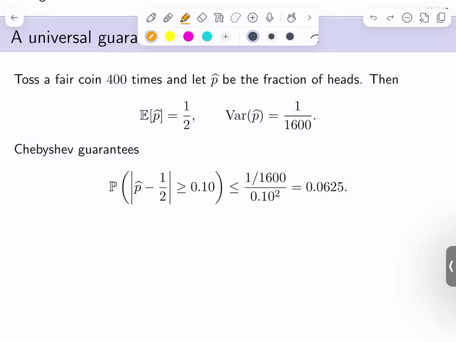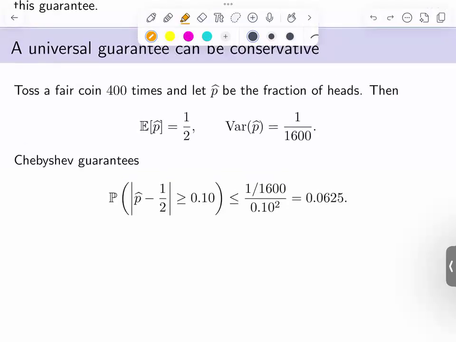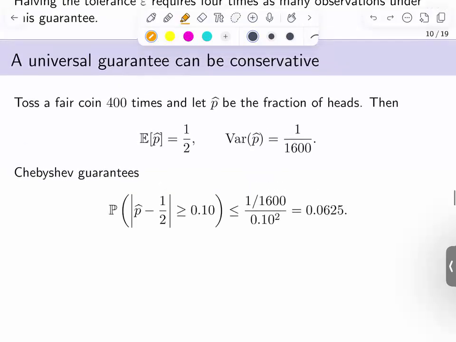Okay, sorry. So let's do another example. Suppose I toss a fair coin 400 times, and I'm going to estimate the probability by looking at the average.